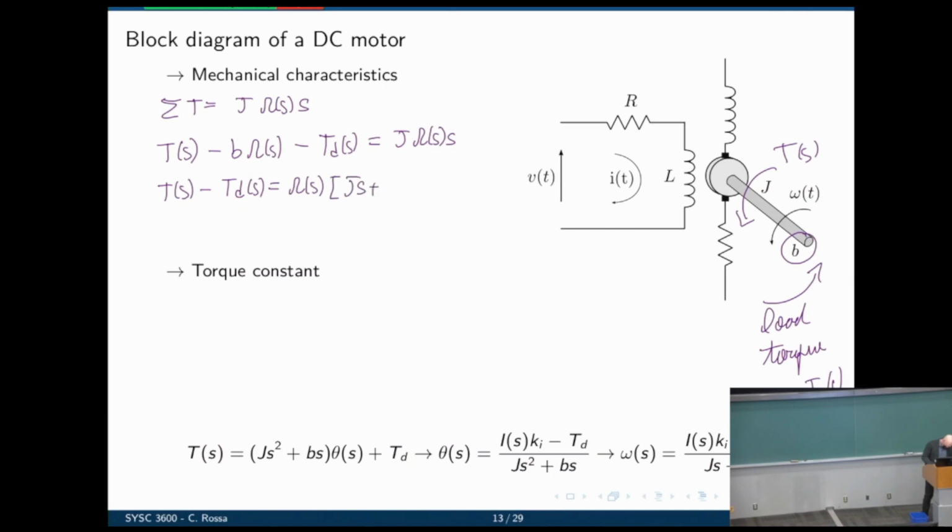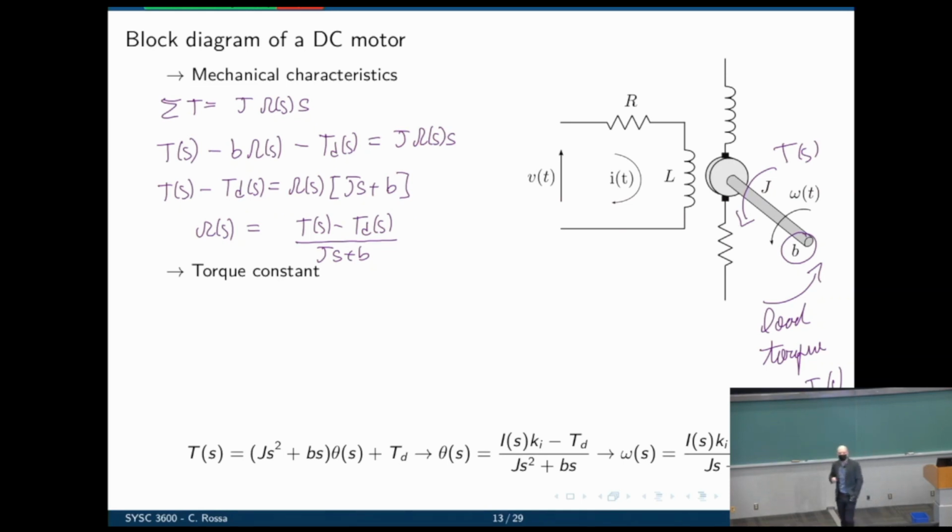That's Js plus B, which means that the speed now can be written as the net torque. Makes sense, the net torque divided by Js plus B. Does that make sense? Yeah, are we okay with all these terms? We know what they represent.